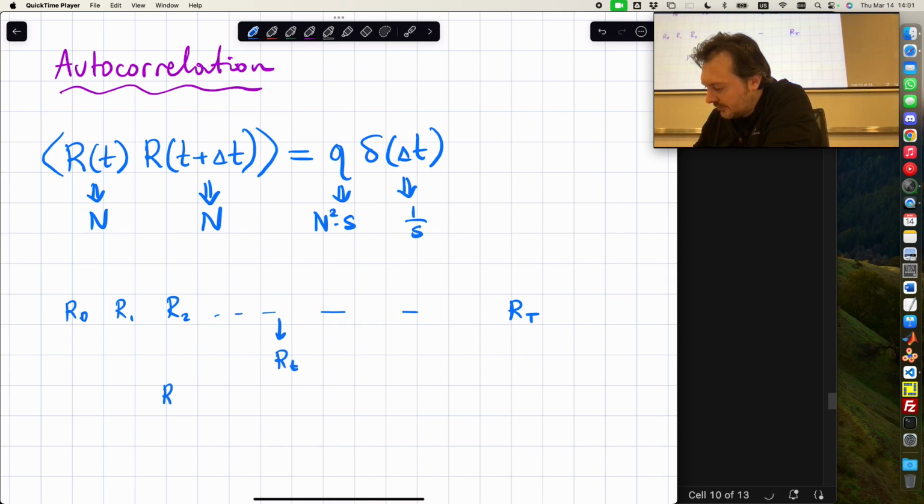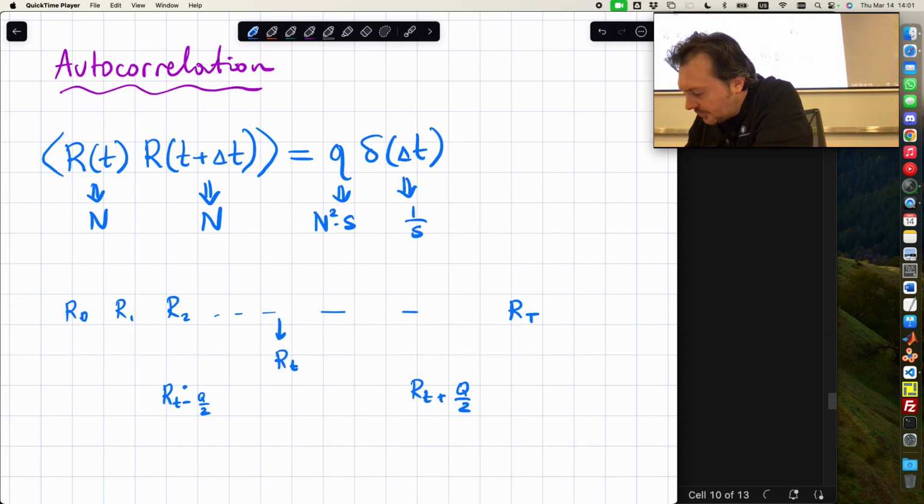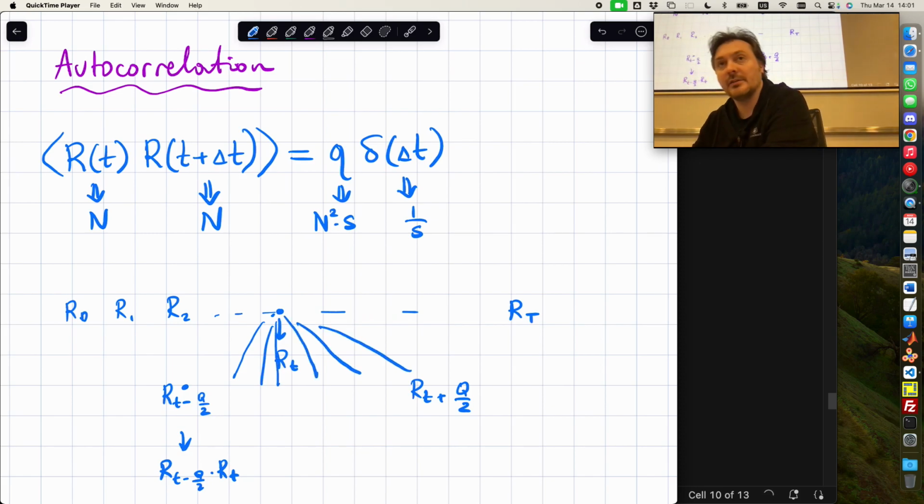I basically take from Rt minus Q over 2 up to Rt plus Q over 2. So I take Q points and multiply each point with that point. Multiply and write it down. So Rt minus Q over 2 times Rt, and I do the same thing for each one of these points. Does it make sense? Yeah.